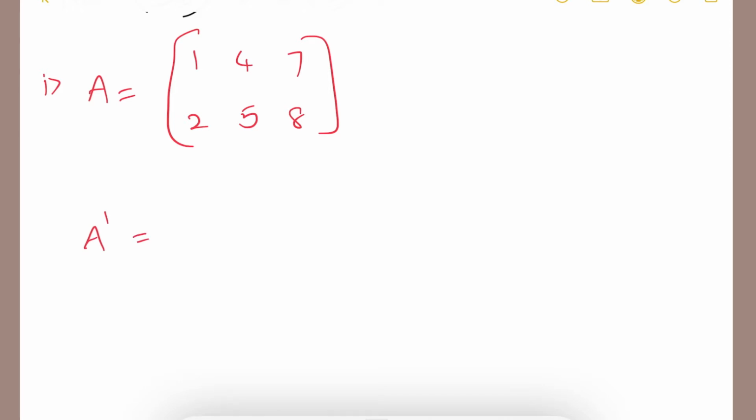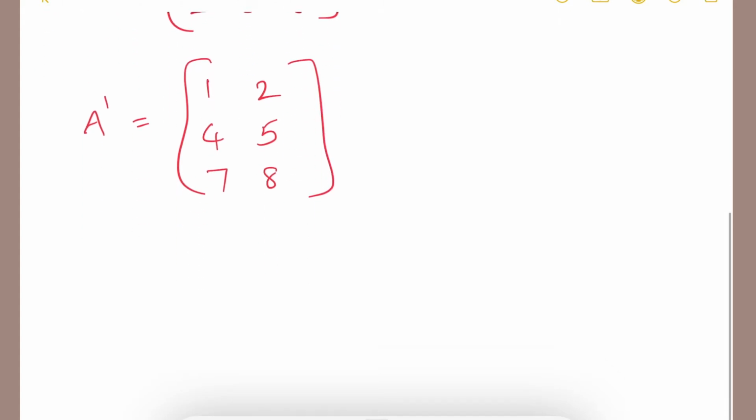Transpose is nothing but the matrix obtained by interchanging the rows and columns. This is a column, and that column we need to write as a row. So 1 2. Next, the second column, write it as a row: 4 5. Third column 7 8, write it as a row: 7 8.